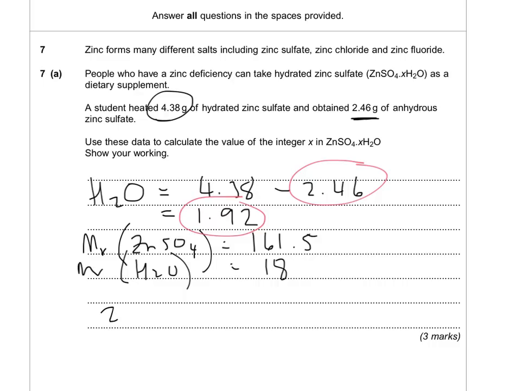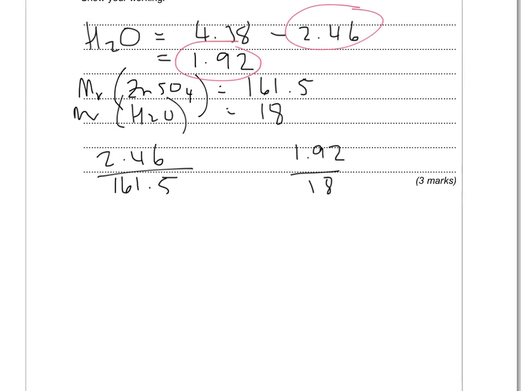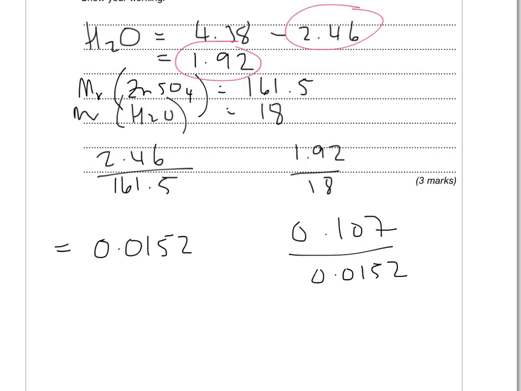So you've got 2.46 divided by 161.5, and you've got 1.92 divided by 18, and then that gives you two numbers. So that's 0.0152 and 0.107. Divide by the smallest number, and that gives you a ratio, so 1 to 7. So therefore x equals 7.